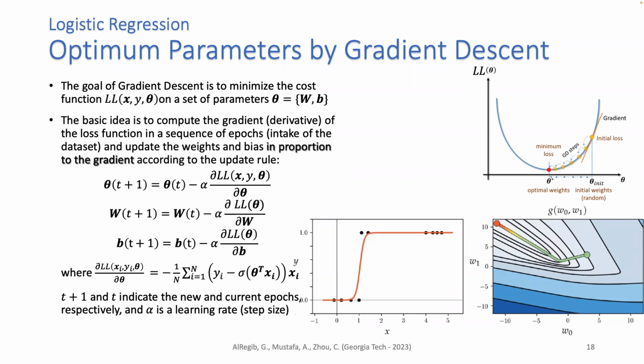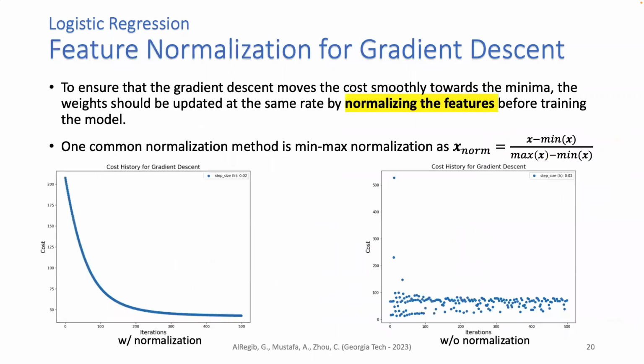Okay. So now one more thing. Remember in KNN we did min-max normalization of the input data. That's very, very important for gradient descent. If you look at this with normalization, this is our cost function, and these are the number of iterations. Start from the initial case, and as you keep updating, without normalization you're jumping around.